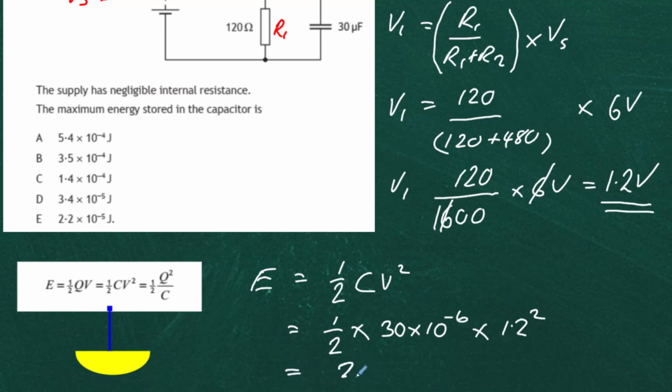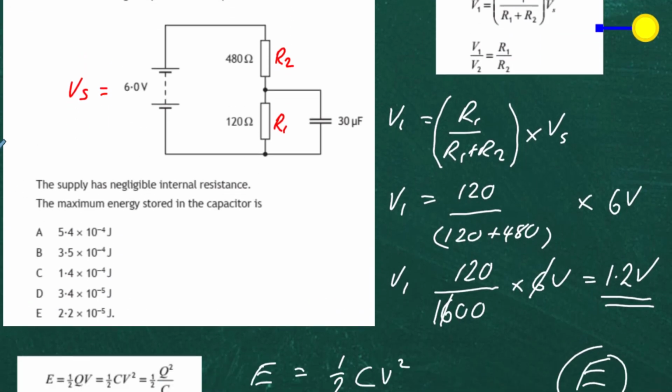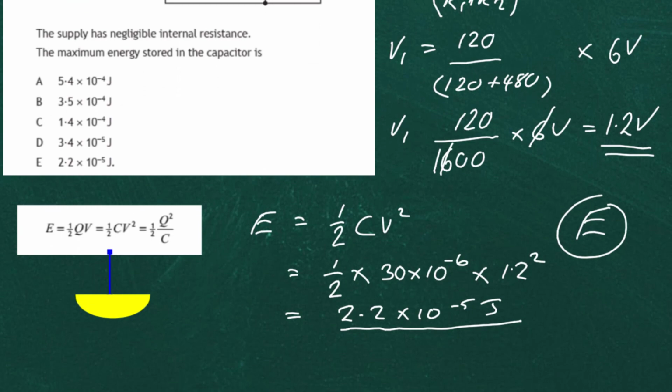Do that in your calculator and you end up with 2.2 times 10 to the minus 5 joules. So the capacitor is going to store 2.2 times 10 to the minus 5 joules, and we look at our responses. That's going to be answer E. So our answer to question number 18 is E.